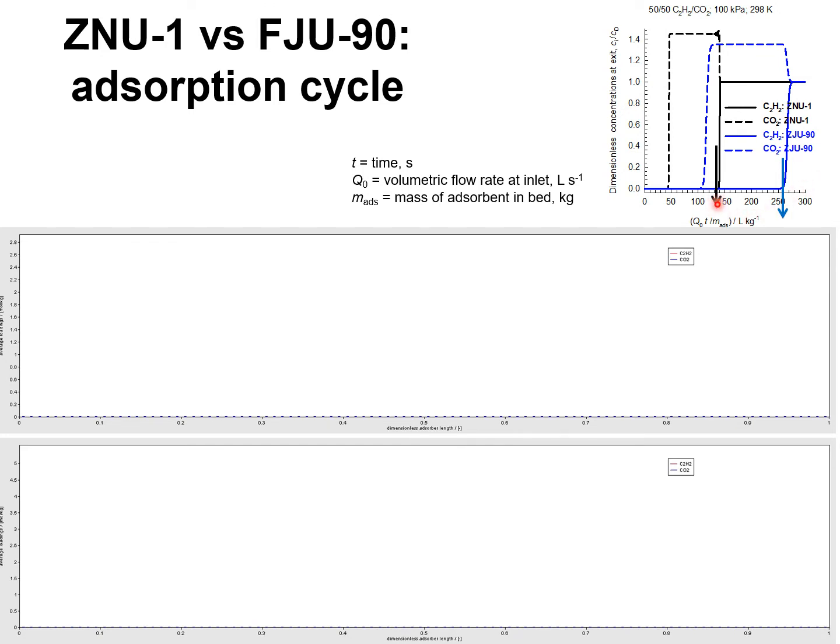The blowdown operations will start just before C2H2 starts breaking through into the column exit, and these are indicated by the black and blue arrows respectively.